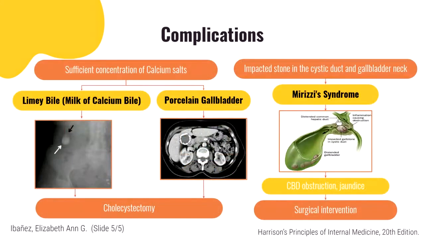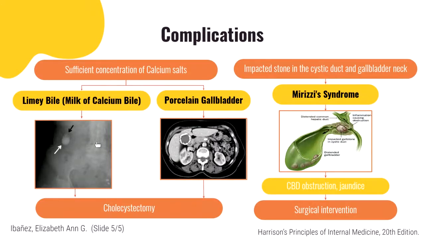And lastly, a sufficient concentration of calcium salts, either in the lumen or in the gallbladder wall, would lead to the formation of limy bile or porcelain gallbladder. In limy bile or milk of calcium bile, the gallbladder lumen may produce a diffuse hazy opacification or layering effect that is visualized under plain abdominal radiography.